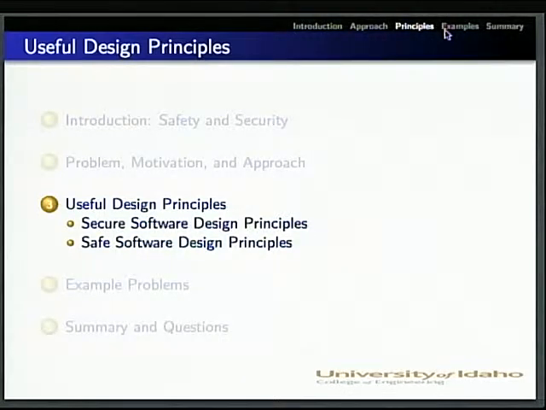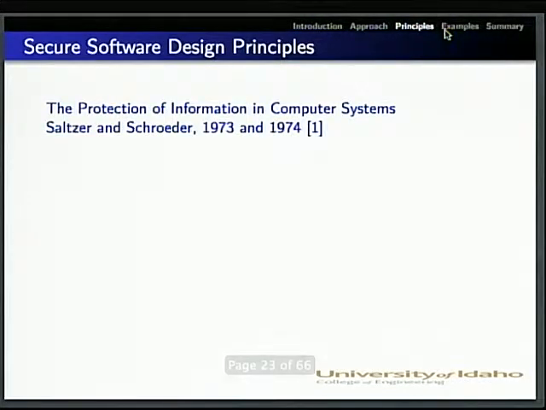First, I wanted to give an explanation of the secure software design principles and then the safe software design principles. The first set was developed by Saltzer and Schroeder in 1973 and 1974. There are two dates because the paper was actually published twice.